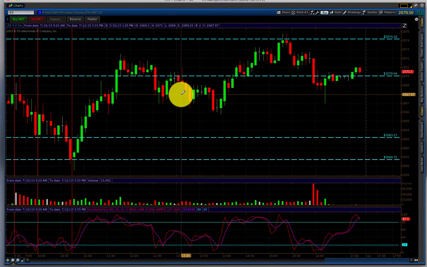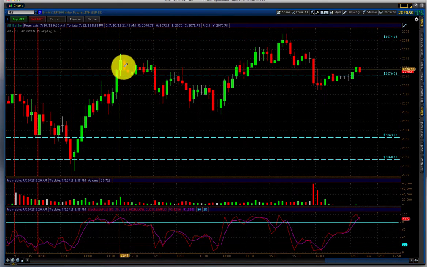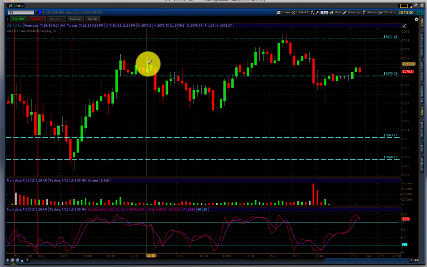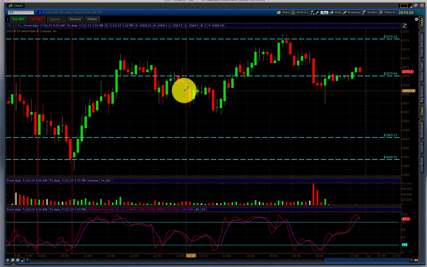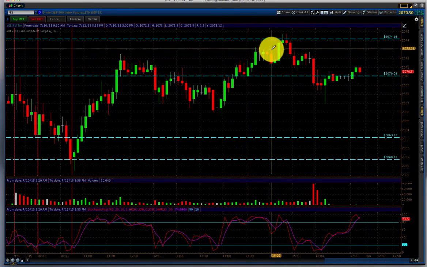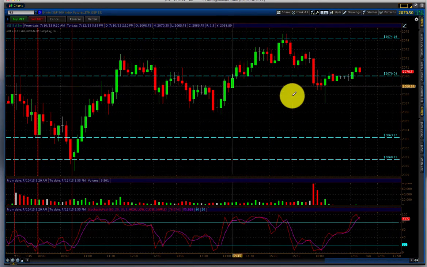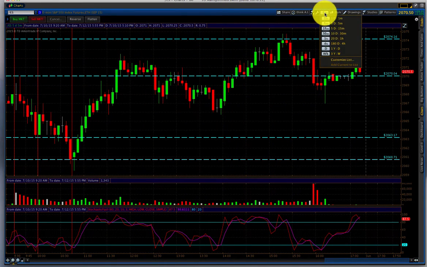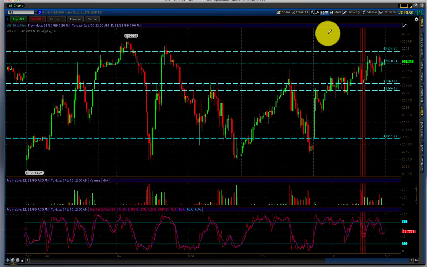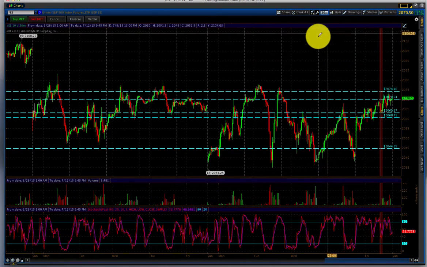Kind of break through it. Seems like it's support for an hour or so, becomes resistance again, becomes support. I mean, we're kind of magnetically drawn to that line, which is what makes me want to back up and see how strong.